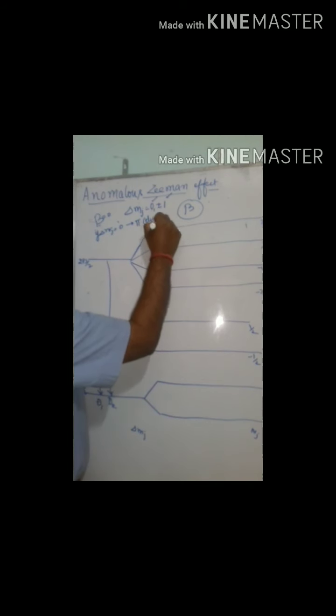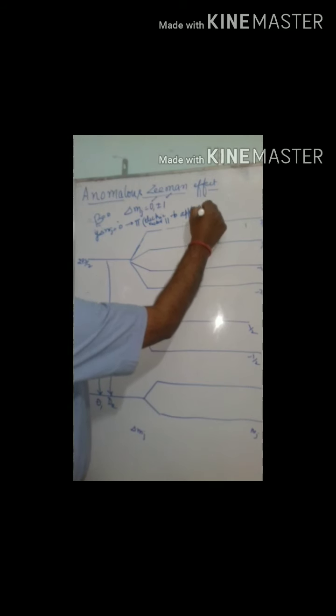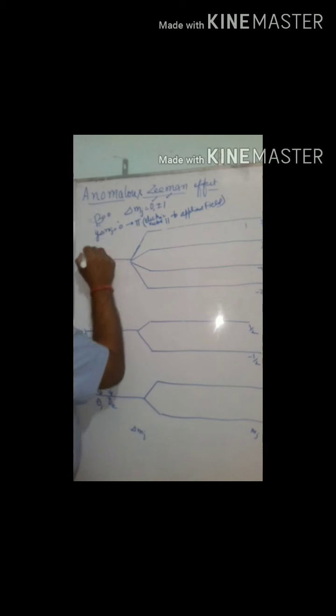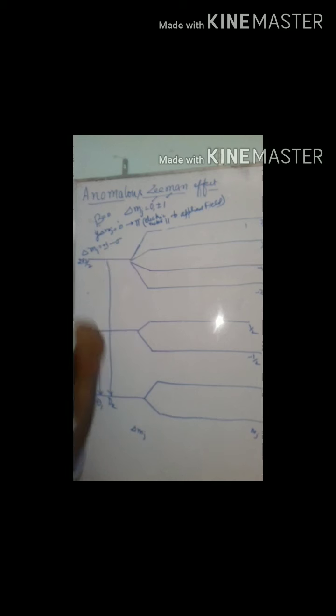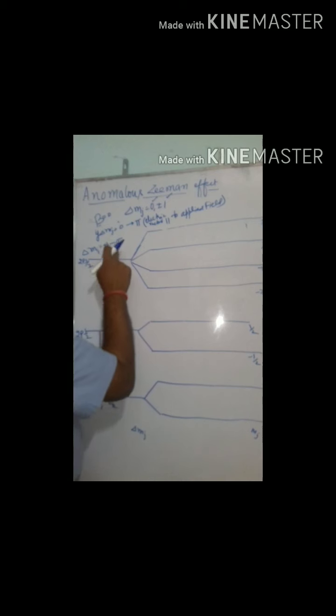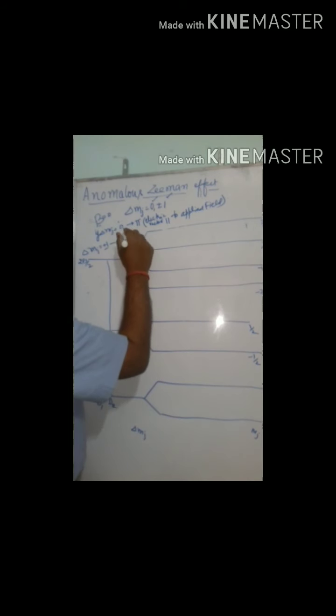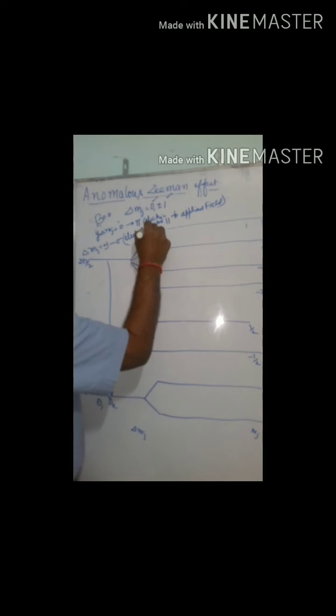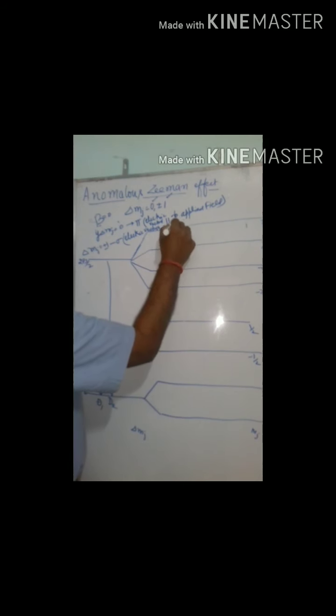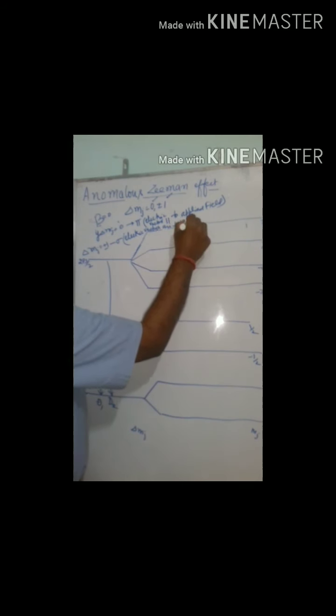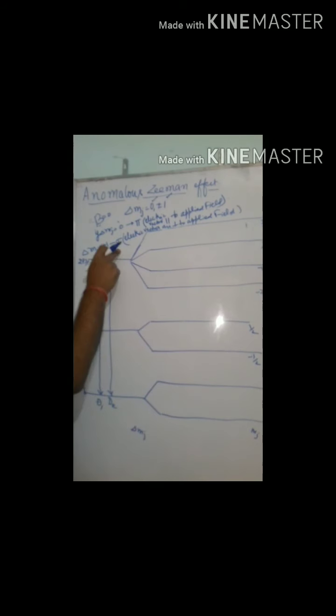And suppose delta mj is minus 1 or plus 1, that is plus minus 1, then these are called sigma components. Here the electric vectors are perpendicular to the applied field. Right? These are sigma components, these are pi components.